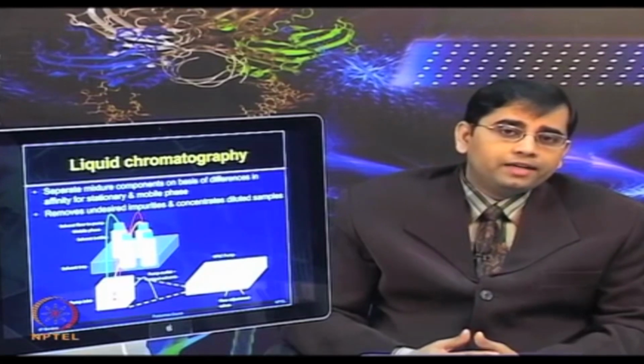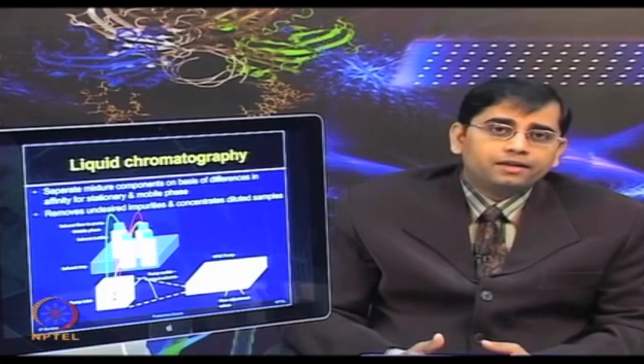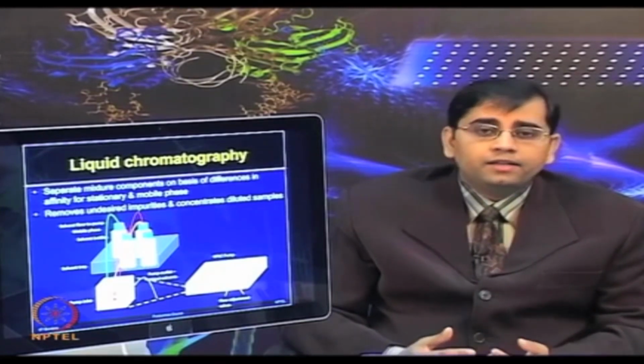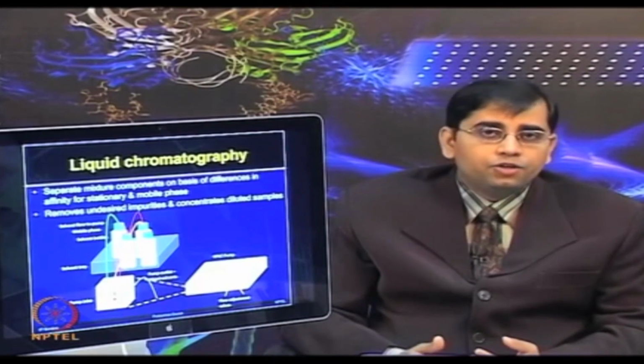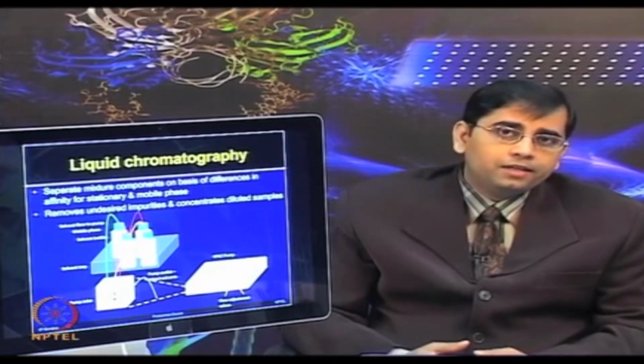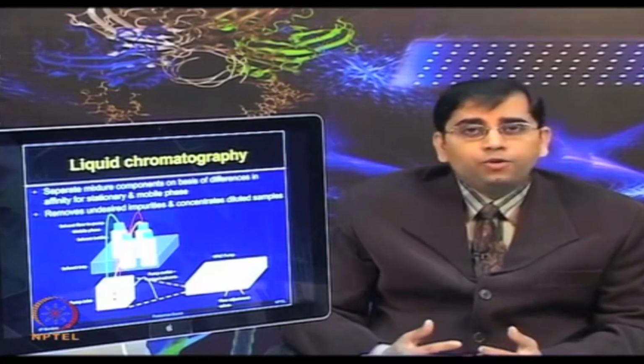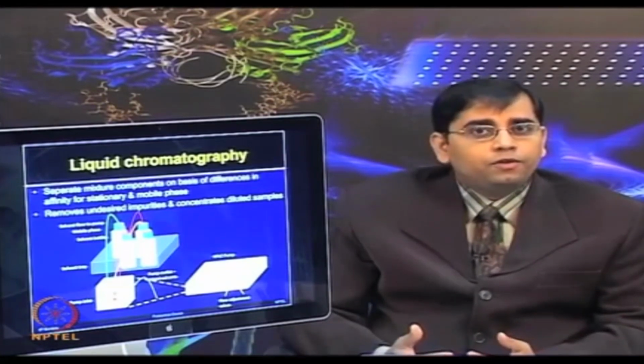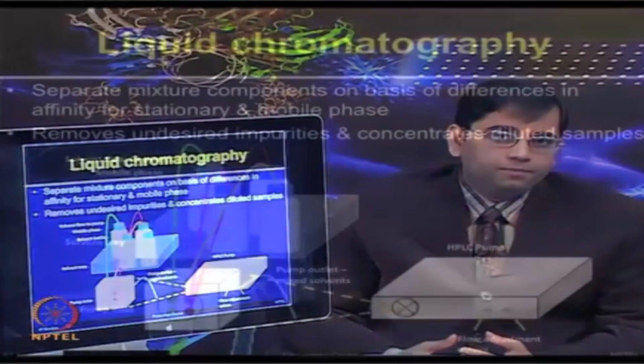It also concentrates diluted samples and therefore increases the detection sensitivity for low level proteins when you are applying different proteomic technologies.